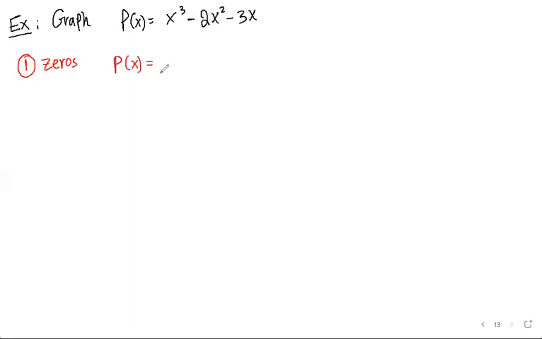What is the greatest common factor of the first, second, and third terms? It's x. We divide each term by x: x squared minus 2x minus 3. Now we can factor the parentheses again.